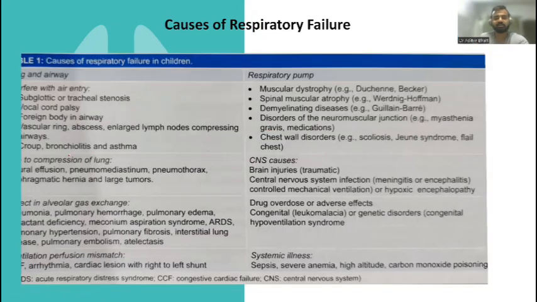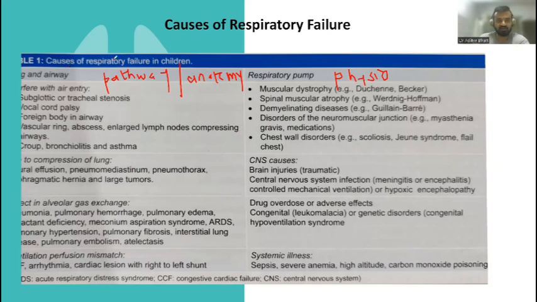Now, in the pediatric population, how will you define the etiology of respiratory failure? Either there is abnormality of the pathway or anatomy, or there is abnormality of the function, the physiology.